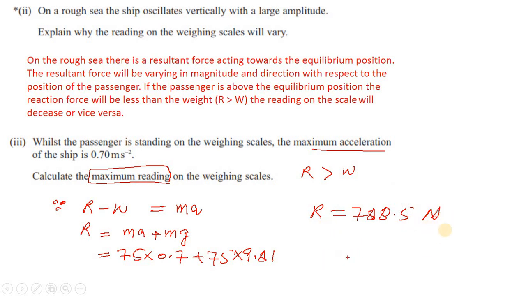So the reading is the weight in newtons, and the mass would be equal to 788.5 divided by 9.81. So the answer will be equal to 80.35 kilograms. That's what the reading will be showing.